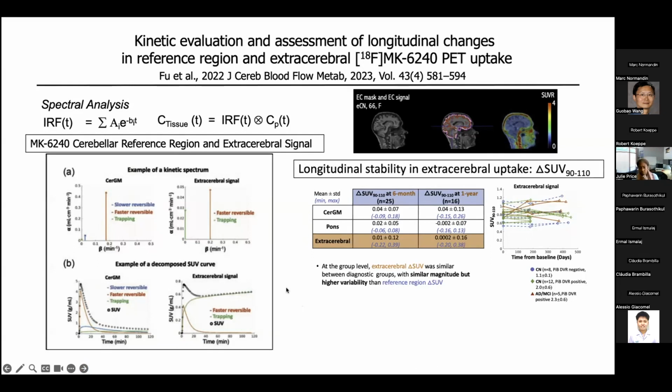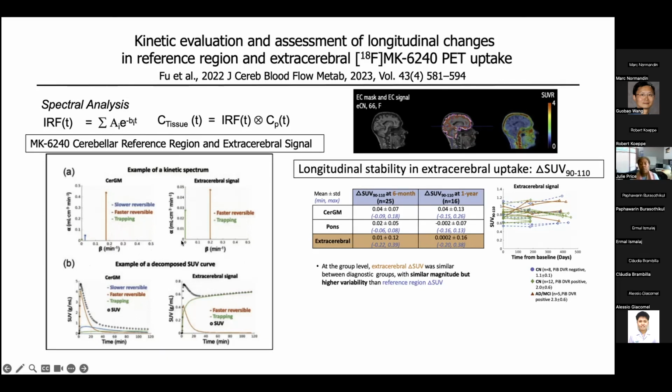But these studies were done with the current-day GE digital scanner, and we really found that there was this significant trapping component. In the frontal cortex and cortical regions, the spectral analysis really was more like the cerebellar gray matter in terms of a very small trapping component, and then a slower and a faster reversible component.